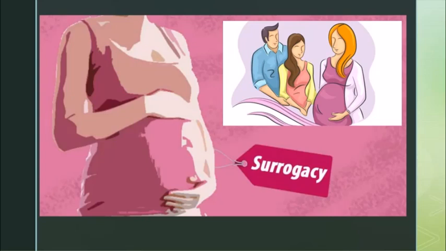The embryo is implanted into her body, and she keeps the embryo through the developmental stages, and after 9 months the baby is given to the real parents. This is called surrogacy, and the other woman who is used is called the surrogate mother.